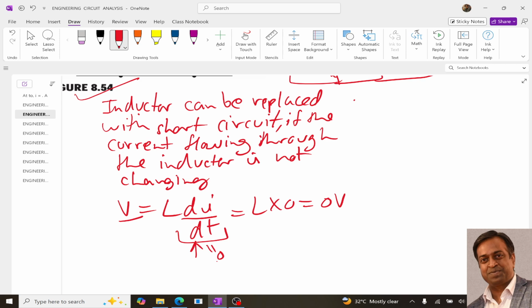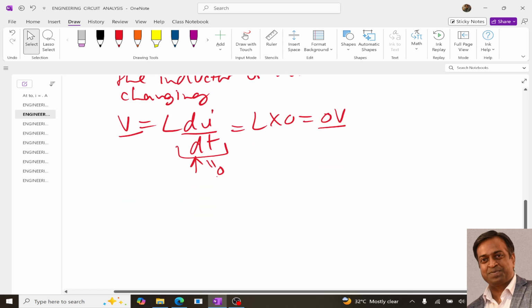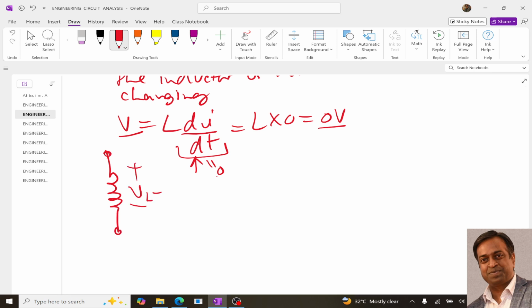And if the current is not changing and the voltage across the inductor is 0 volt, then it can be replaced simply by a short circuit, because in a short circuit the voltage is 0 volt.